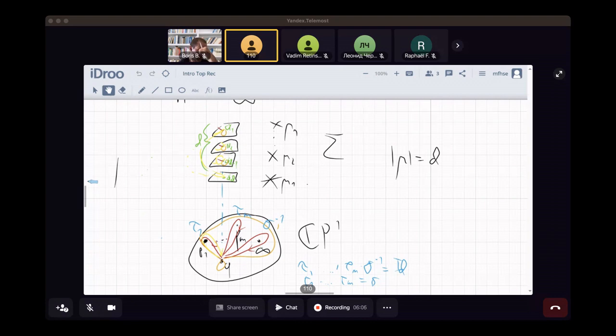which does not use the cut-and-join equation, but instead it uses the representation of Hurwitz numbers in terms of the so-called KP tau function. Somebody maybe heard about what's called the KP hierarchy.